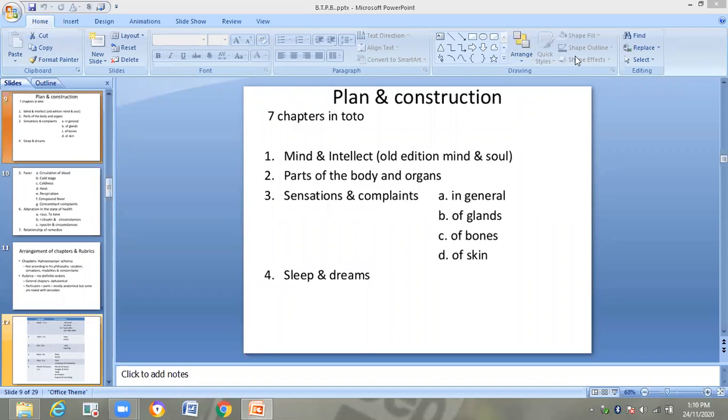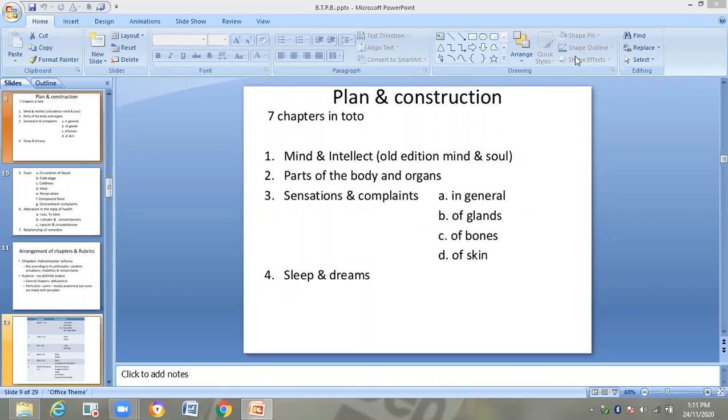Good afternoon. In the last lecture, we discussed the plan and construction of the Boericke Therapeutic Pocket Book. In that, we discussed there are 7 chapters in the BTPB. The first one is mind and intellect. The second section or chapter in this repertory is parts of body and organs.